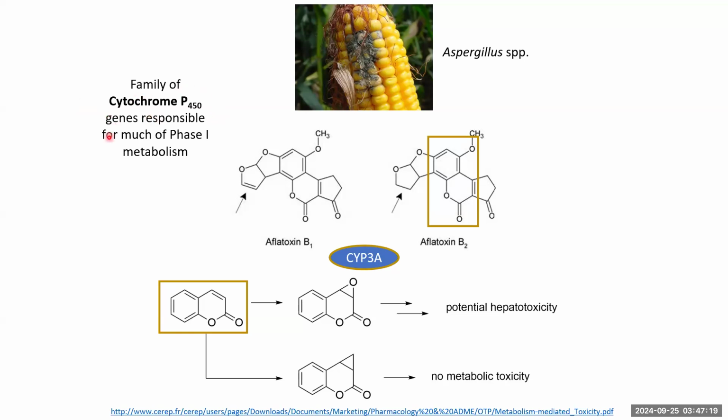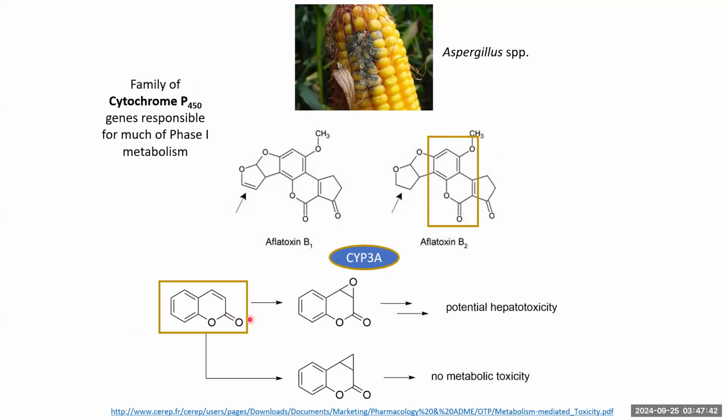So those genes will get turned on. They'll make a bunch of enzymes like CYP3A. And CYP3A will take aflatoxin and cut out this middle bit. This middle bit then goes on to further metabolism.